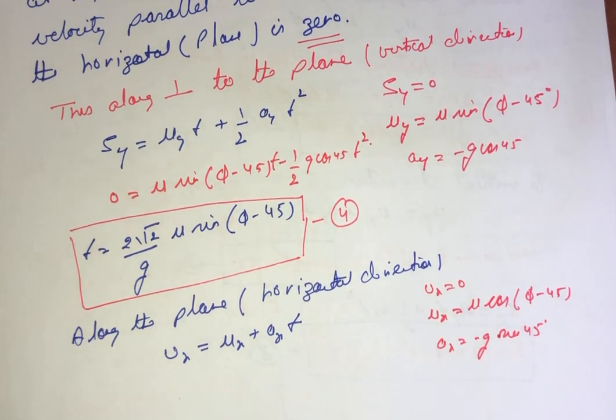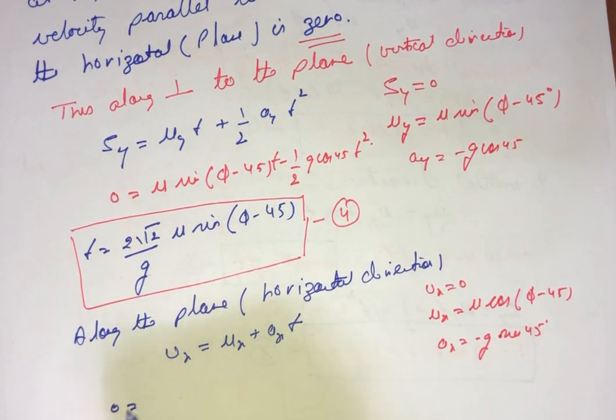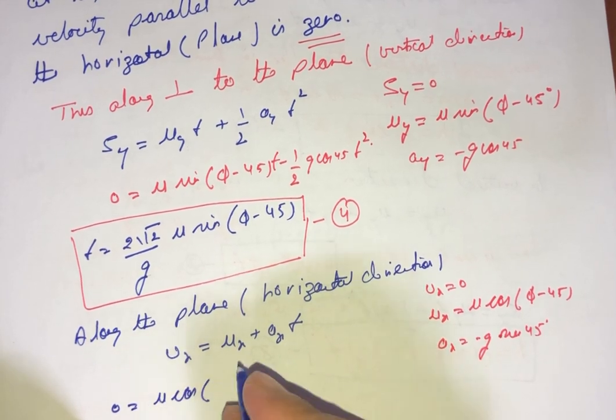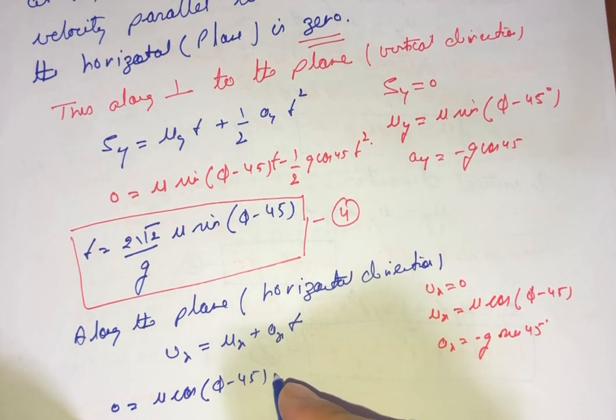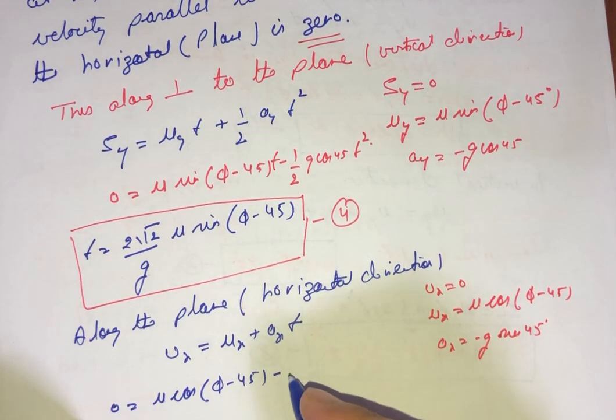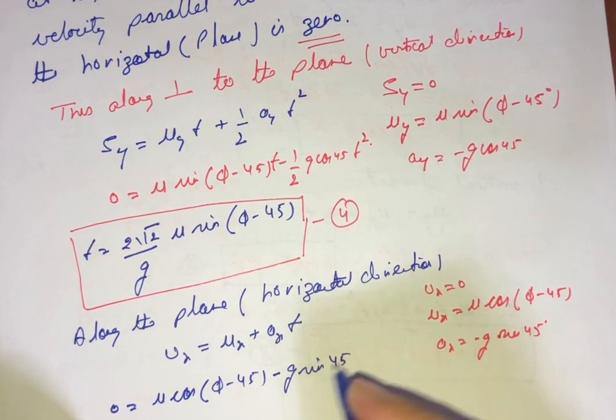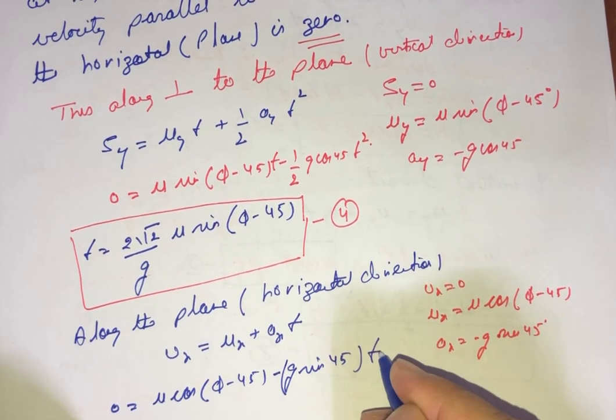So you put these values, we are going to get this as 0 is equal to u cos of phi minus 45 minus g sine of 45 into t.